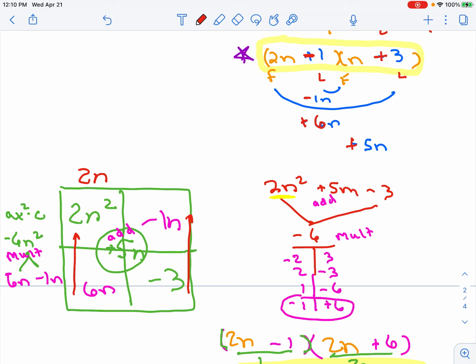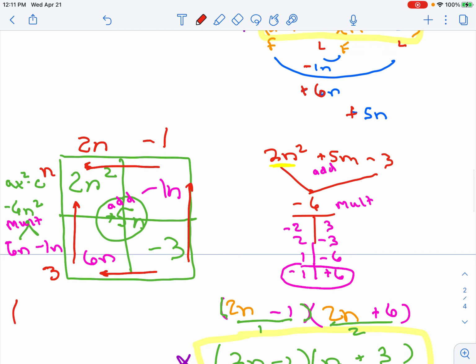And if I factor a GCF from this row, that would give me just a negative 1. Then I do the same thing for this row, which would be factoring out an n only. And from this row right here would be factoring out a 3.